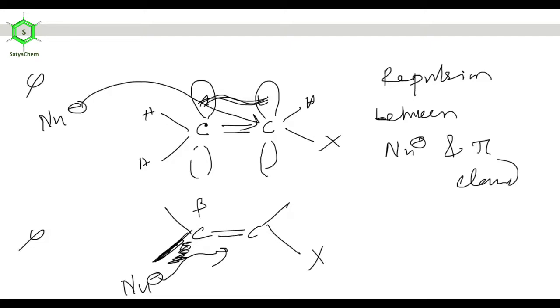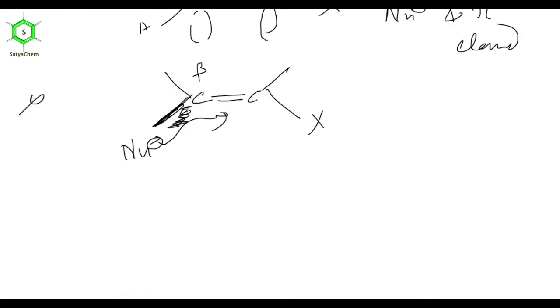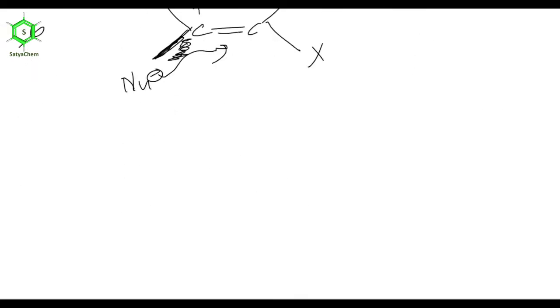Again, if you consider, okay, fine, Sn1 may happen, but the Sn1 reaction proceeds through the formation of a carbocation. But here the vinyl carbocation or aryl carbocation is highly unstable, there is no stability.